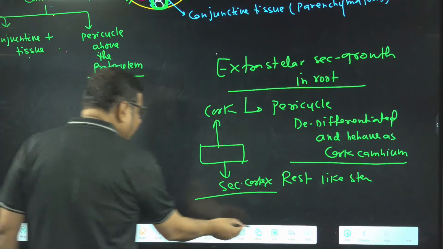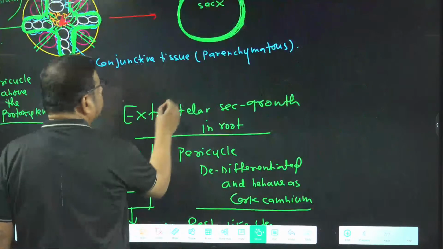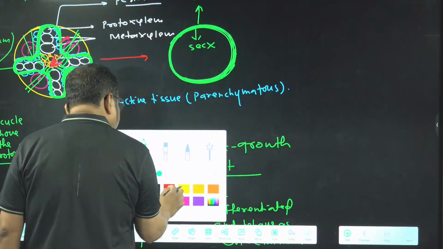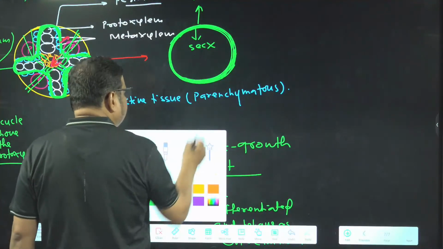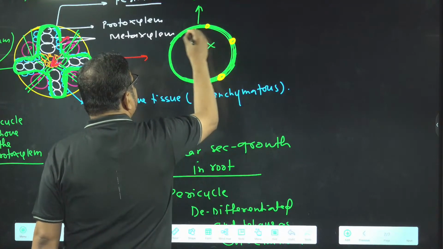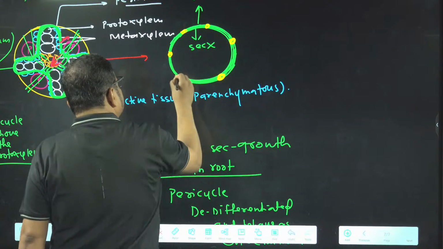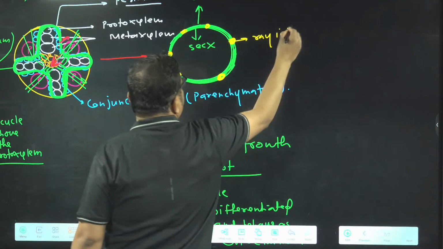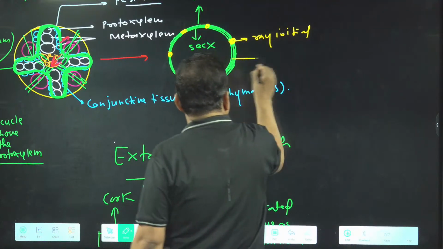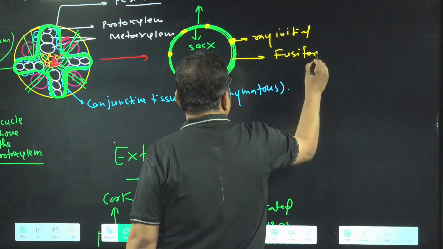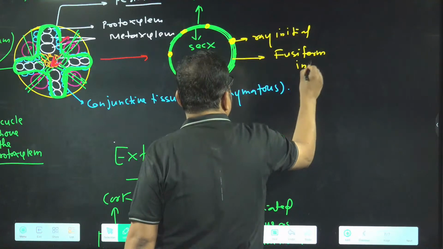Now here I want to tell you one interesting thing. I already told you that in a stem, in the vascular cambium ring, two types of cells are there. At intervals, ray initials are there, and the bigger ones are fusiform initials.